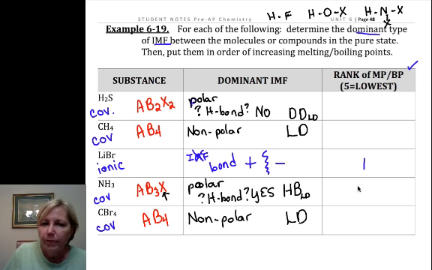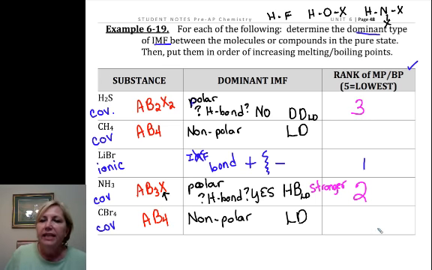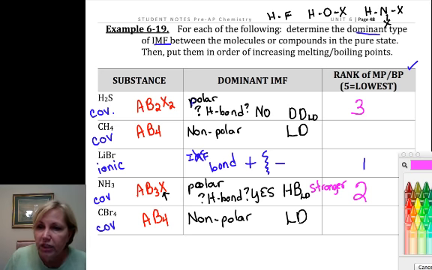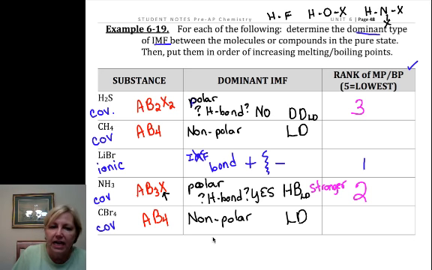Hydrogen bonding is going to be stronger and take more energy. So hydrogen bonding is stronger, so it's going to take more energy to melt than dipole-dipole. So that would be 3. Now, we have 2 London dispersions that we need to compare. To compare the London dispersions, we look at the size.